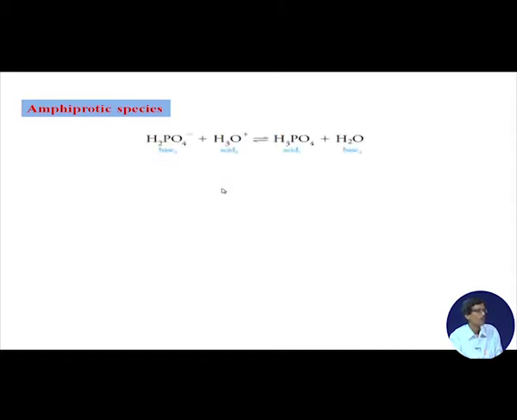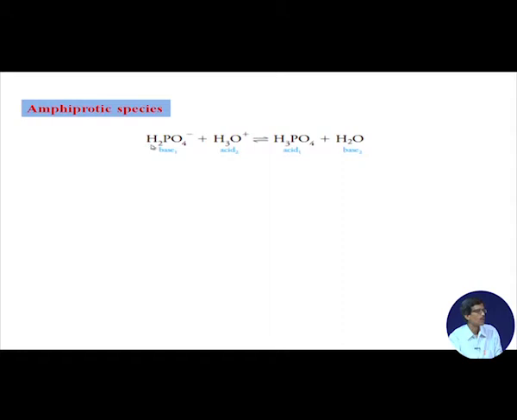So, we now get a nice example, the water. Just now we were saying that we are putting water in both the two reactions. In one way it is utilized as the proton acceptor, in another way it is utilized as the proton donor. So, it is an amphiprotic species. An amphiprotic species has a dual role: it can accept the corresponding proton or it can donate the proton.